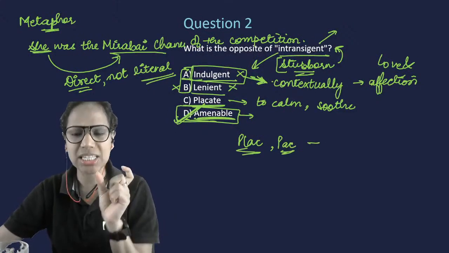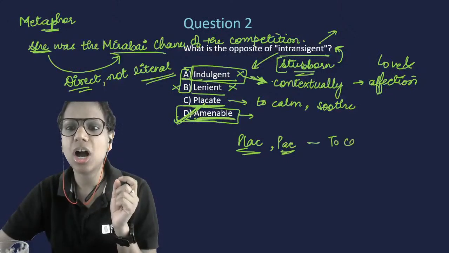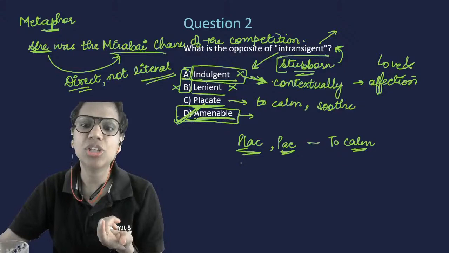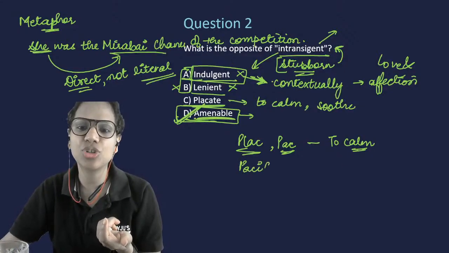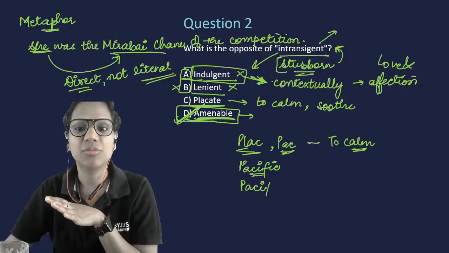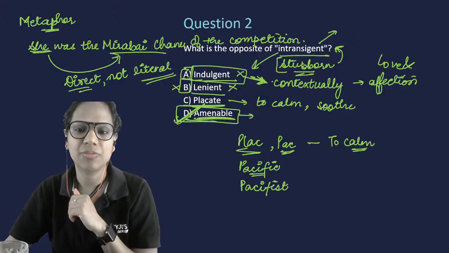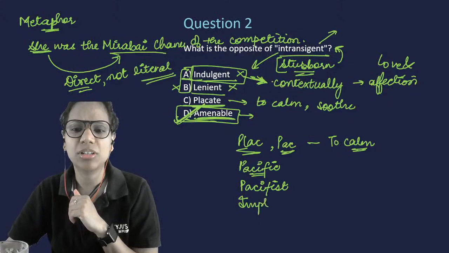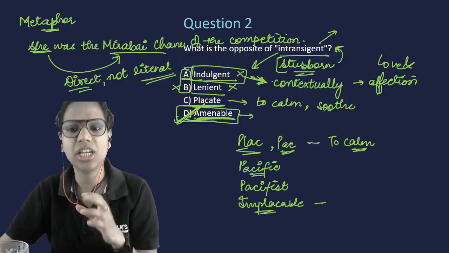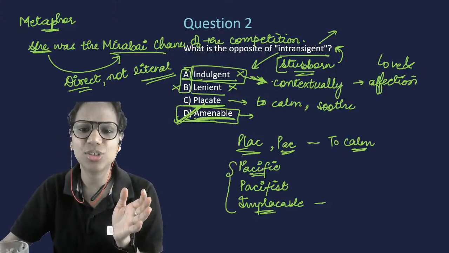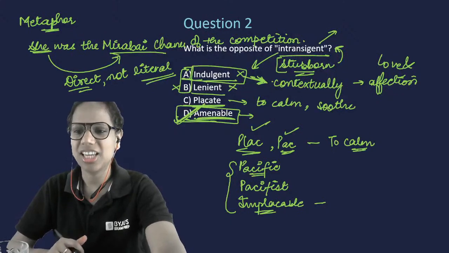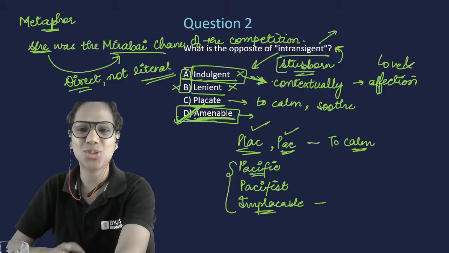These are two roots that mean to calm someone down. In fact, they mean simply calm. So that's why the Pacific Ocean is called Pacific Ocean because it's very calm. Someone who is a pacifist believes in peace. Someone who is implacable, you can't calm this person down. They are implacable. They can't be calmed down. Right? So these words come from pac and plac. Are we there? Yes? Are you listening to me, or am I just telling these roots to myself?